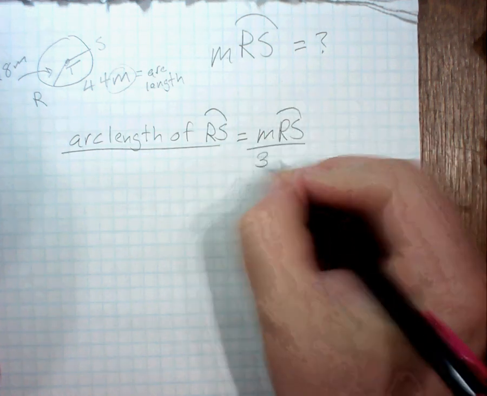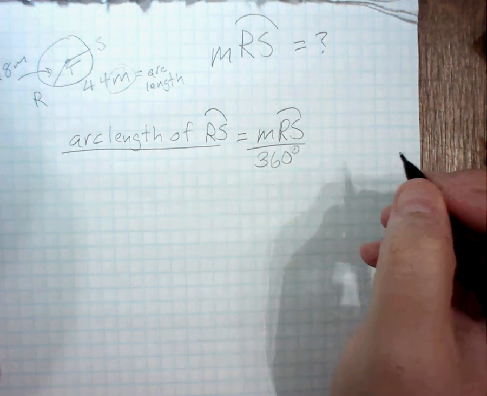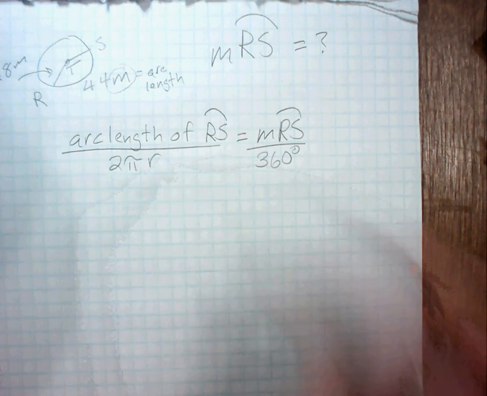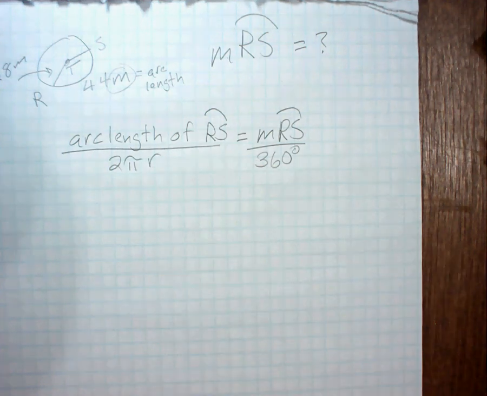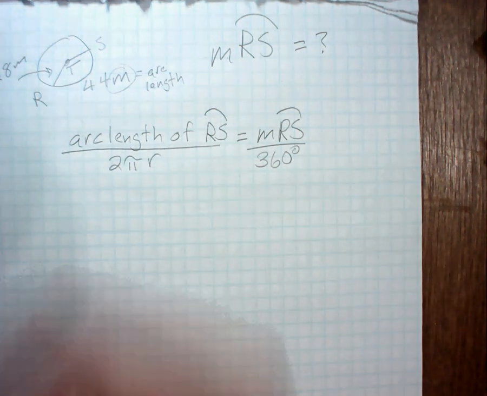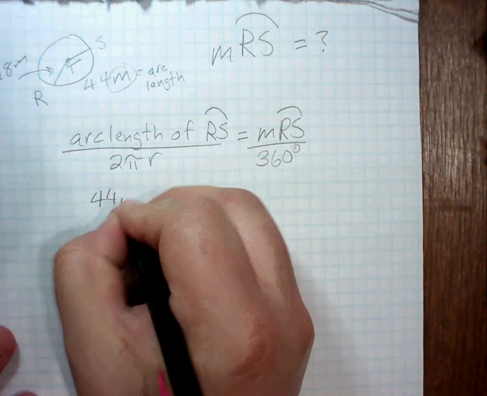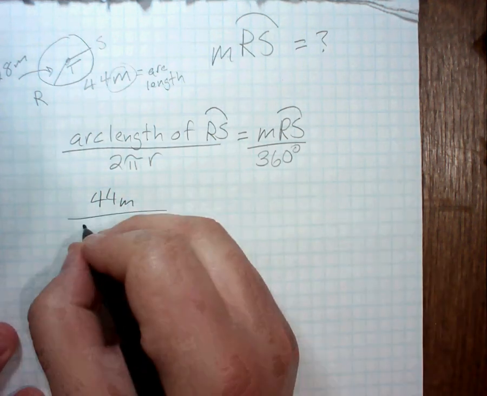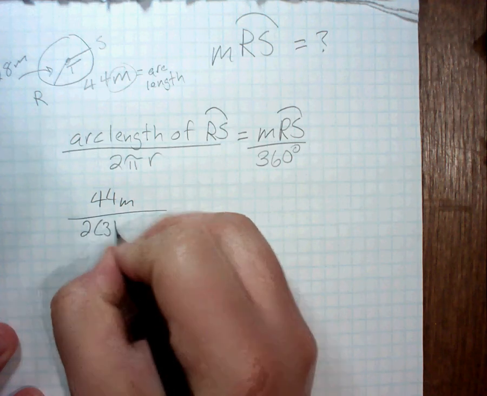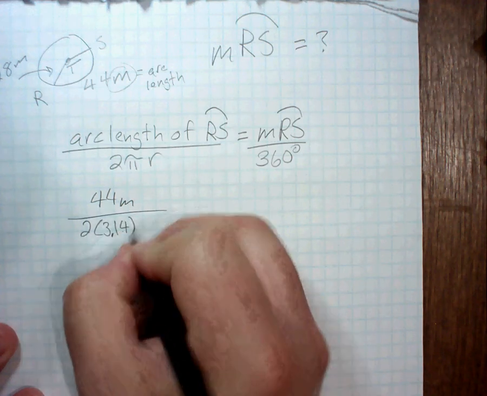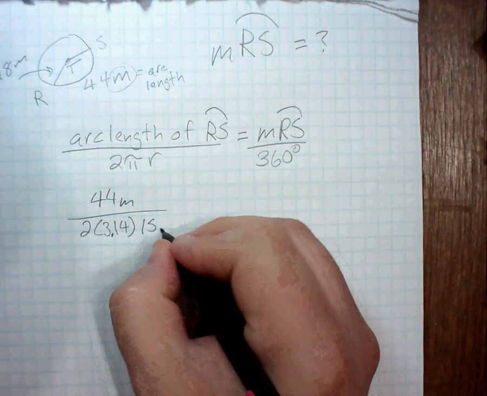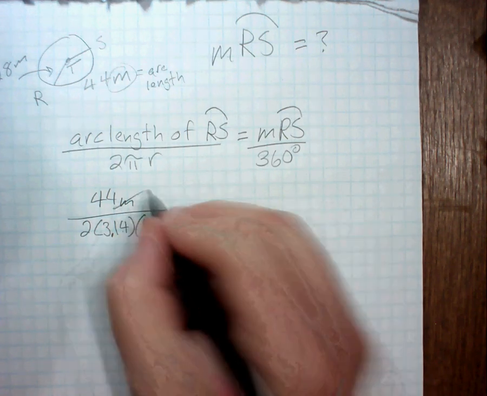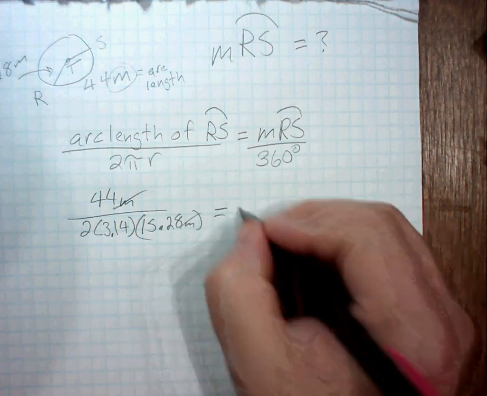All over 360 degrees. And then over here we're going to say 2 pi r. So the arc length is 44 meters, all over 2 times 3.14 times 15.28 meters. Now notice that the meters cancel right off the bat.